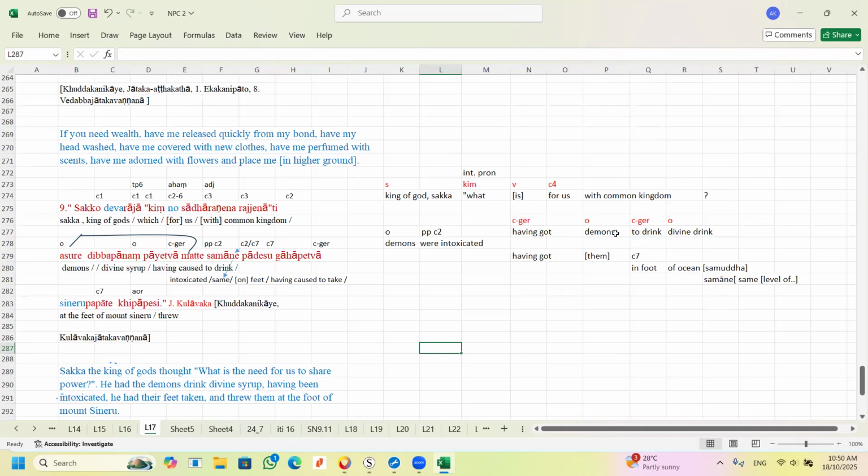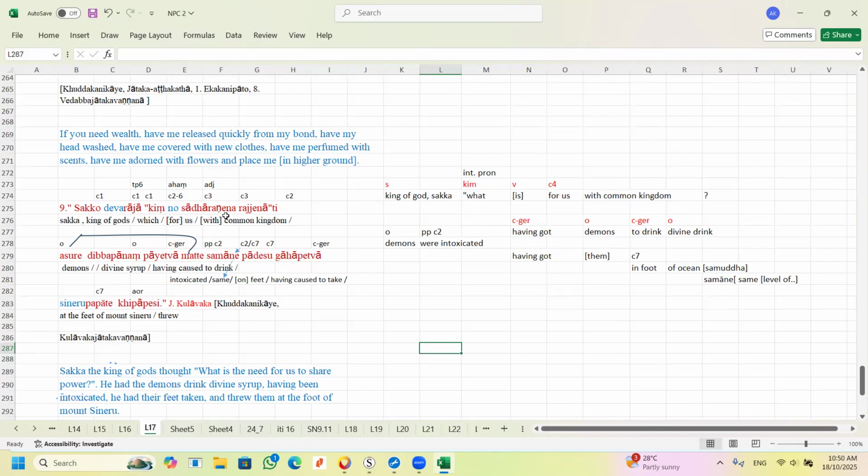So asura, in this case I put demons, if you don't mind. To drink, causative gerund. Dipa is divine. Panang, surami, pana is a drink, divine drink.